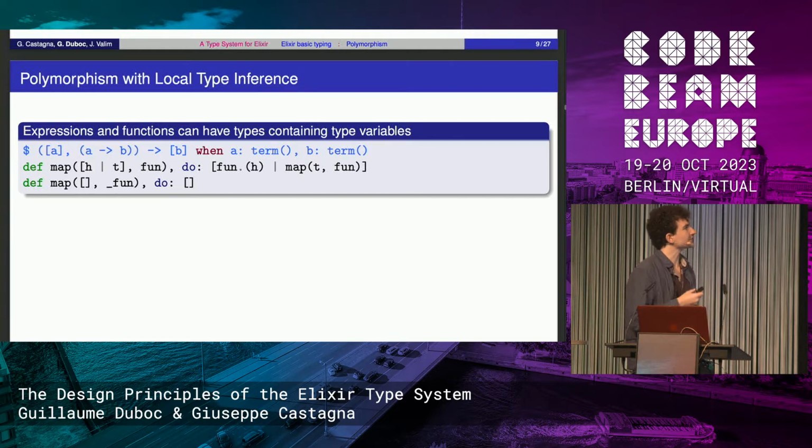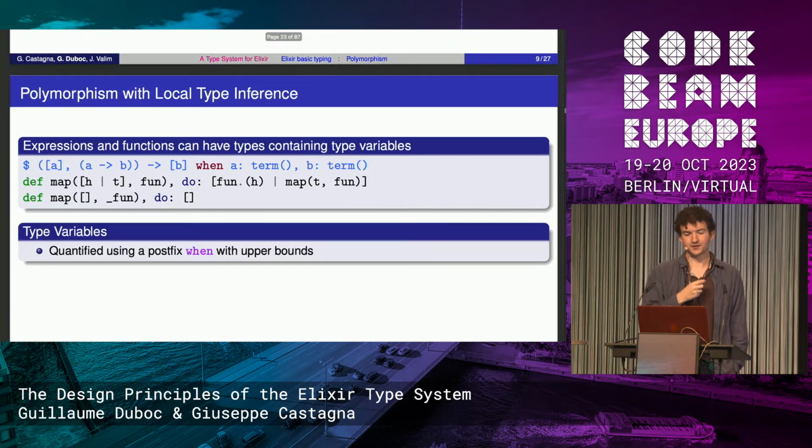For that, we introduce type variables inside the syntax of types. In this annotation, A and B are type variables, which can represent any possible type. And this is the type of functions that, when given a list of A elements and a function from A to B elements, return a list of B elements.